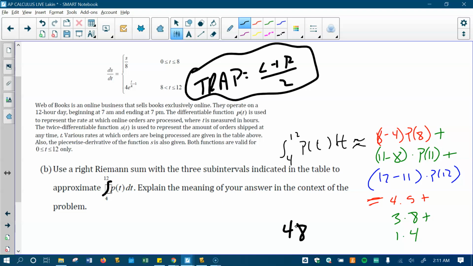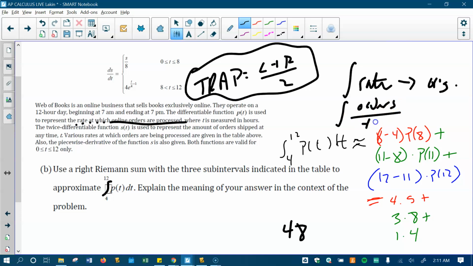Well, it tells us that p of t is a rate at which online orders are processed. And when we take the integral of a rate, we get the original function. In other words, the integral of the rate, and the rate was orders per time, means we just get orders.